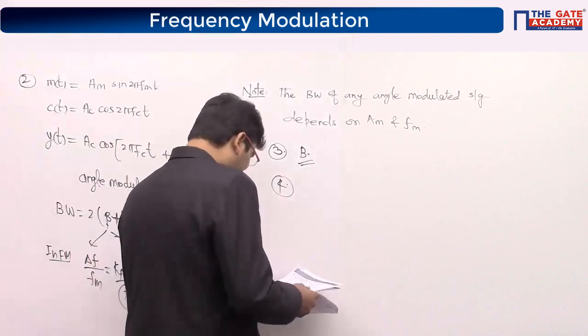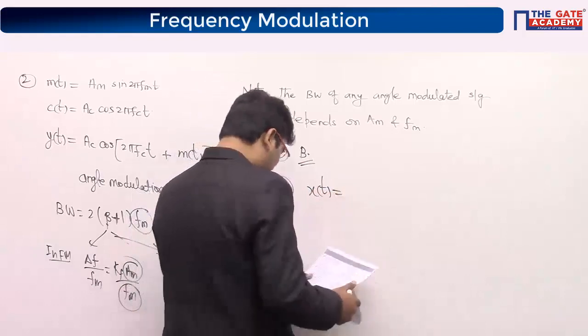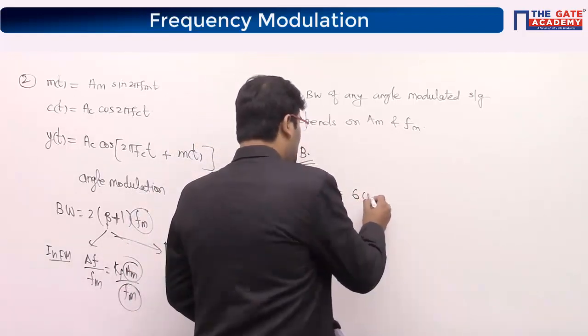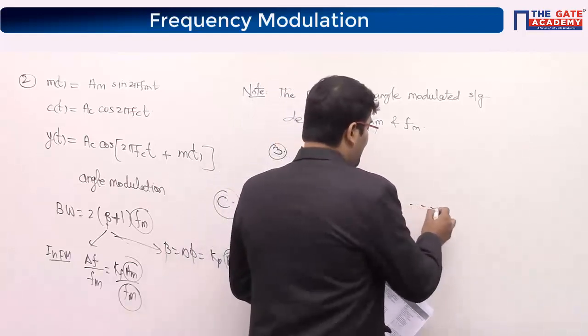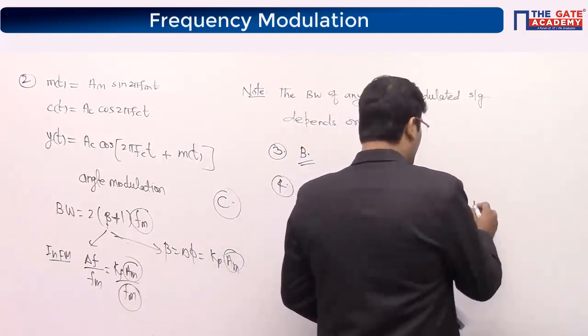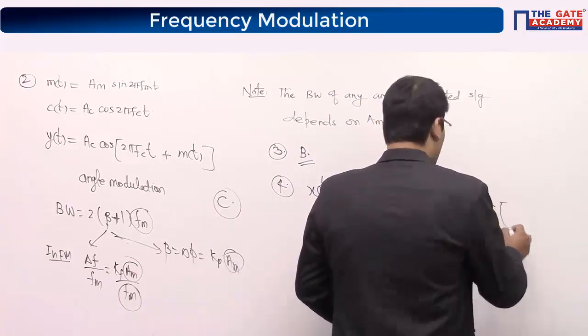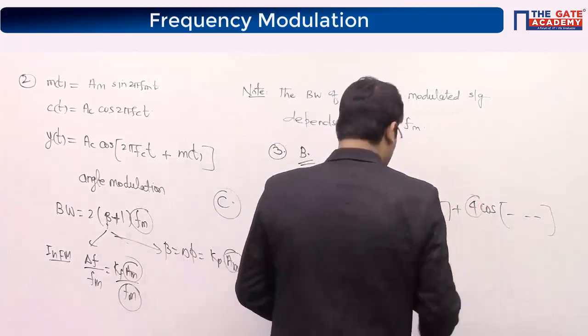It says to consider an angle modulated signal. They have given you this signal: X of t equal to 6 cos something, plus 4 cos something. I don't care about the rest because our focus is on this.